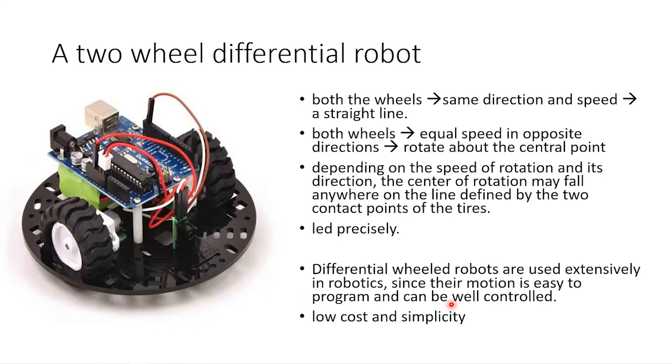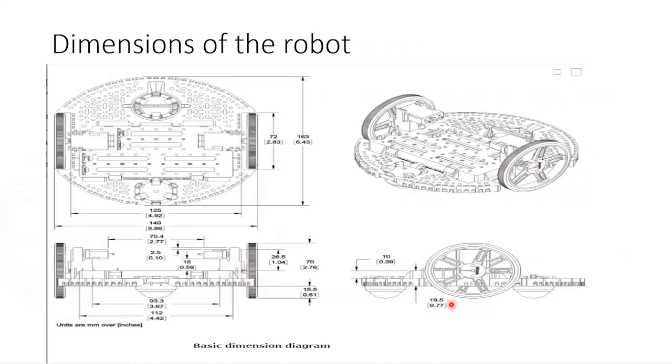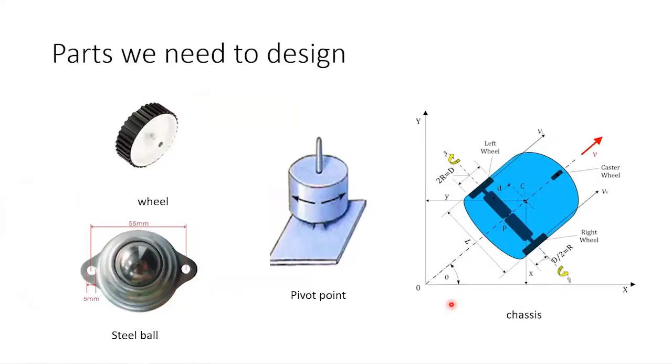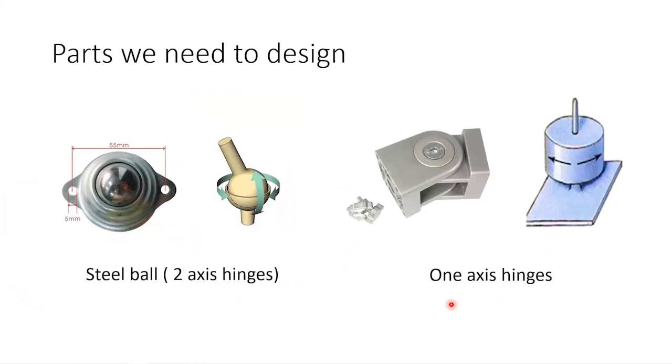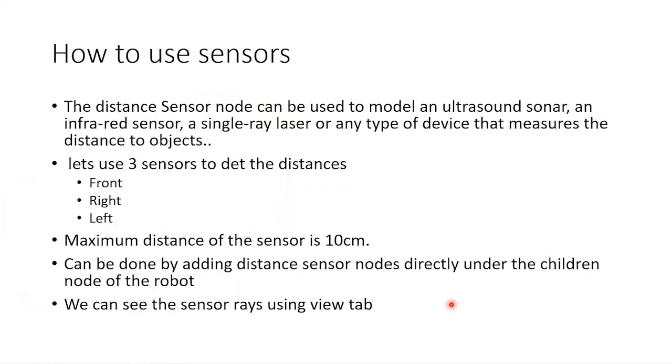Today we are going to program the robot in order to control it in our environment. We designed two wheels, motor, chassis, and the steel board. Now, how to use sensors?